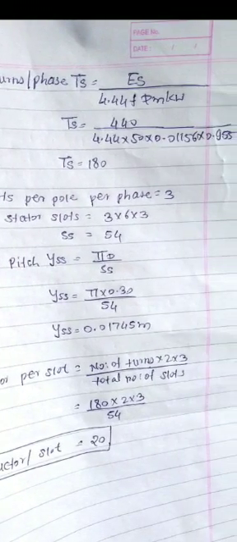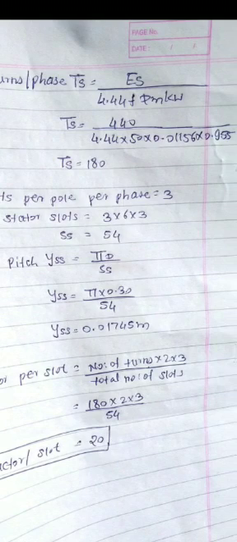Then the stator turns per phase, that is TS, is equal to ES divided by 4.44 F phi max KW. Put those values in, and the stator turns per phase TS is 180.